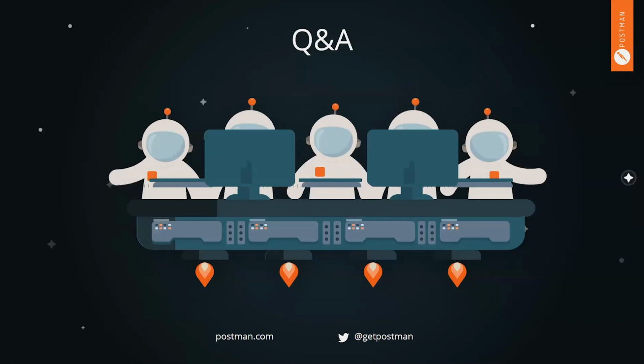Something that you can do in Postman right now is generate client code. So if you're building a front end for an API and you're testing it in Postman, you can use the request configurations that you've set up to actually generate client code to make requests to the API. And we're hoping to build out the ability to do that on the server side as well.